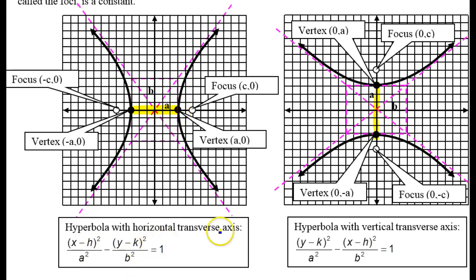The only difference is, for ellipses, the A value was always the biggest, because the way the vertex was defined, the vertex was always the long way for an ellipse. For hyperbolas, that's not true. The A value will give you the vertex, but it will not always be the longest. Sometimes the A value will be shorter than the B value. So that's something that you're going to have to get comfortable with.